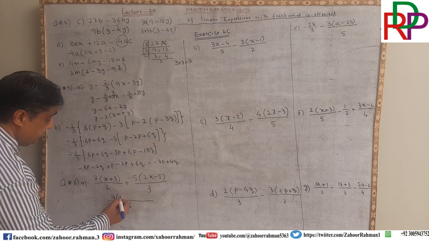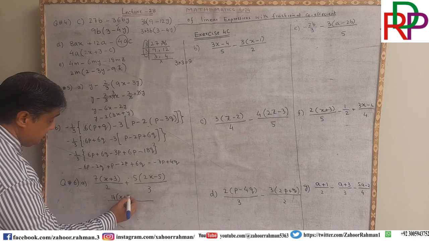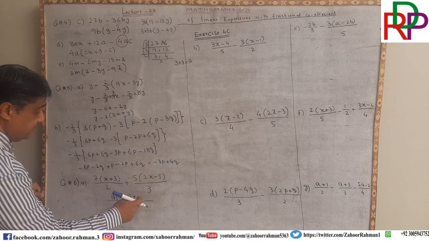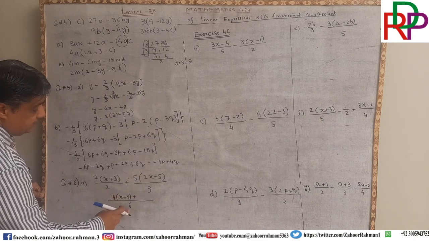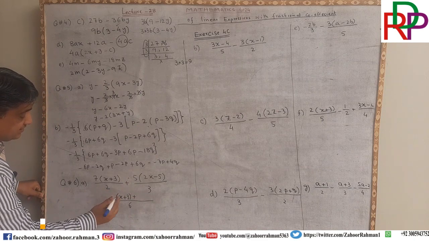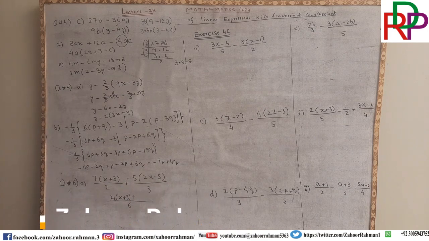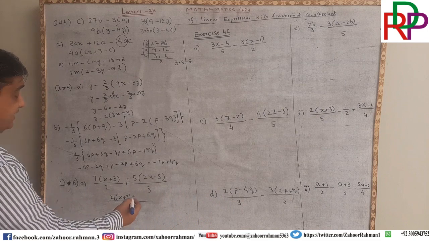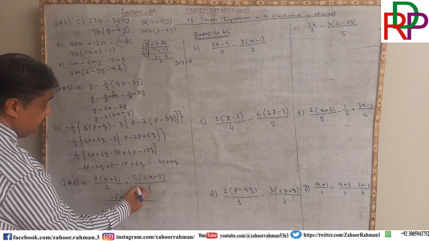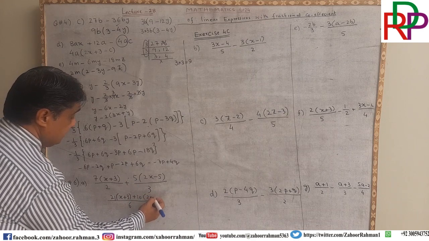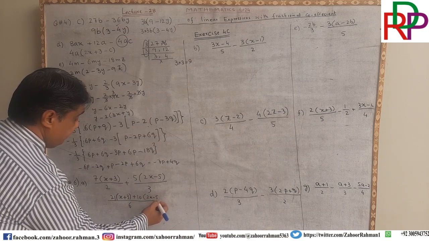So 14x plus 3, and when 6 is divided by this 2, we get 3, so 3 sevens are 21. So ladies and gentlemen, then we divide this 6 by 3, and then it will become 10, 2x minus 5.